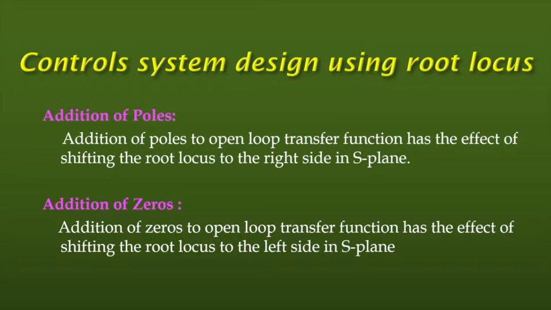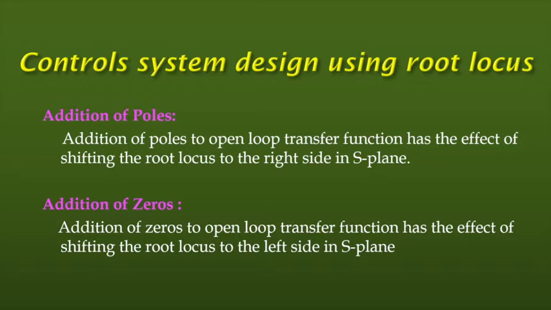Compensation is a modification of dynamic characteristics of the control system. The new modified overall system is called the compensated control system. We know that root locus is the locus of poles for varying the closed loop parameter, usually gain K, from 0 to infinity.